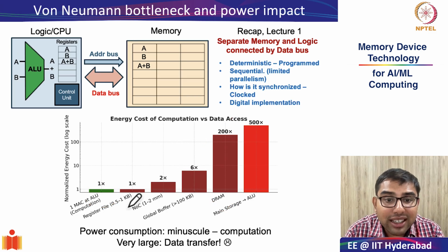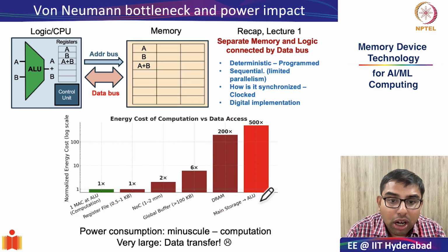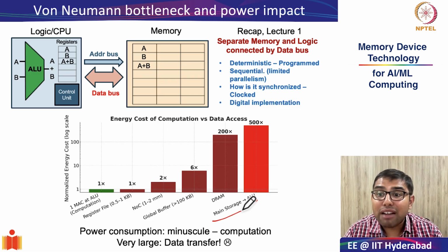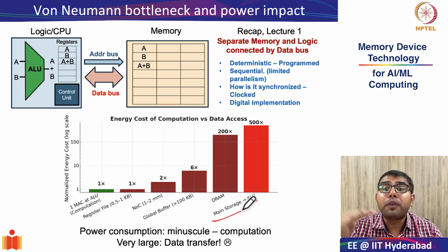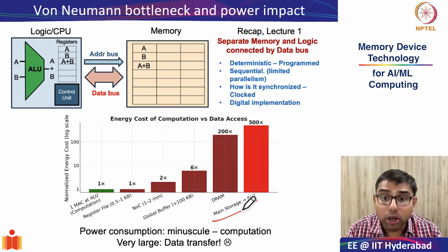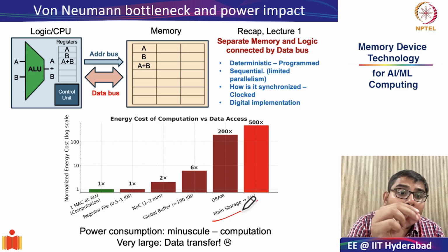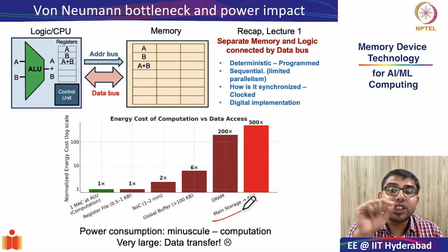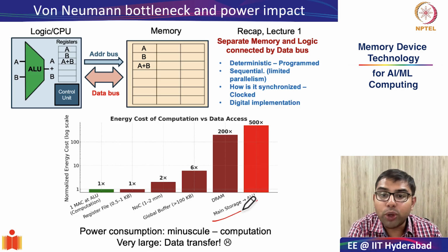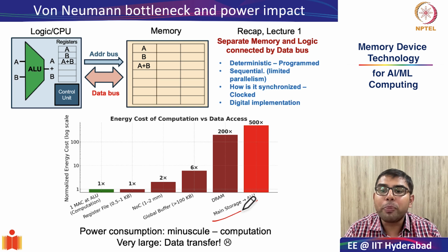And the number completely blows up when we look at the transaction between the ALU and main storage, which is the NAND flash unit. This cost can be as high as 500x or more than the individual MAC operation done at the ALU. So in AI/ML workloads, the actual arithmetic is only a tiny fraction of the total power budget.